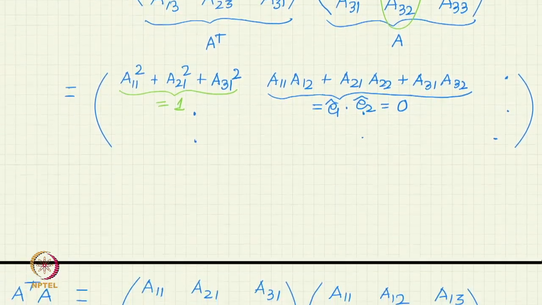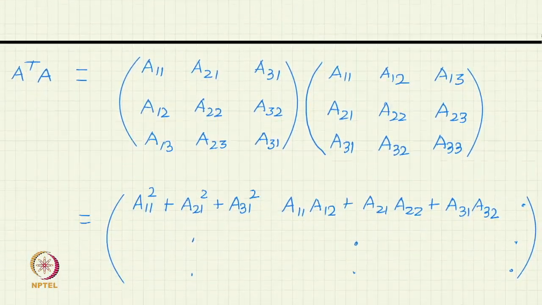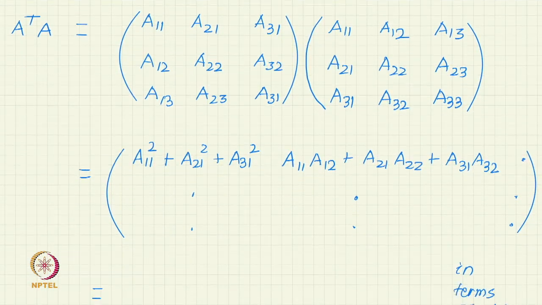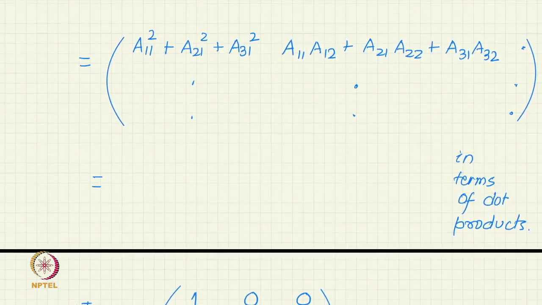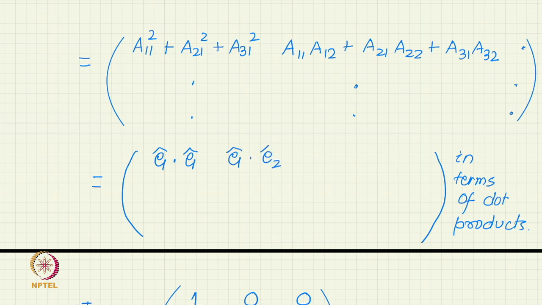Similarly, if you look at all the products, in terms of the dot product, this is E1 dot E1, E1 dot E2, E1 dot E3.